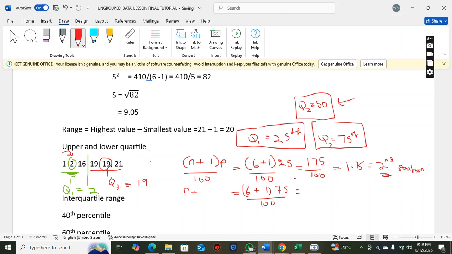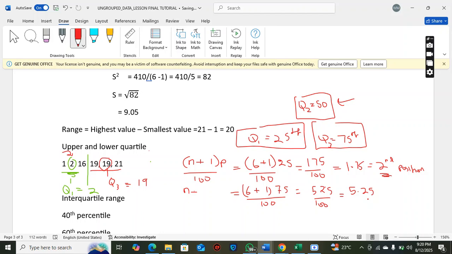6 plus 1, that is 7. 7 times 75, what do we get? 525 divided by 100. 5.25.